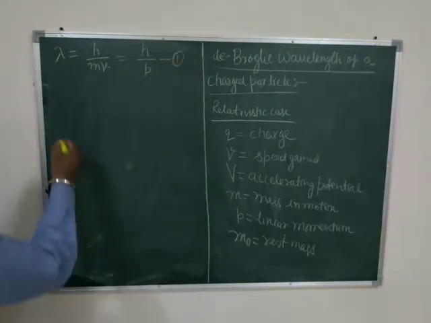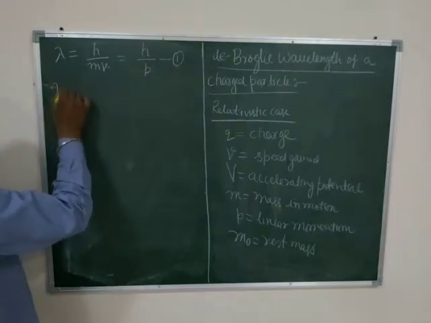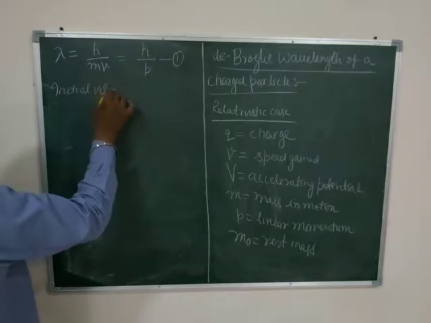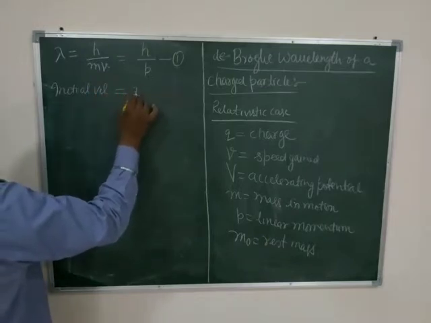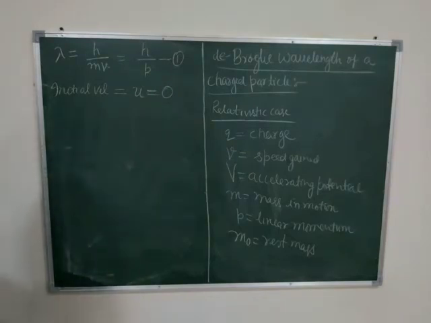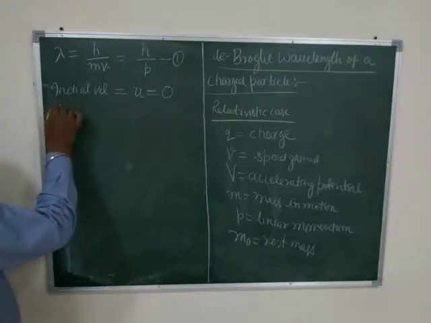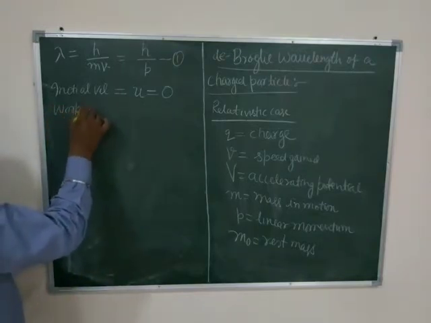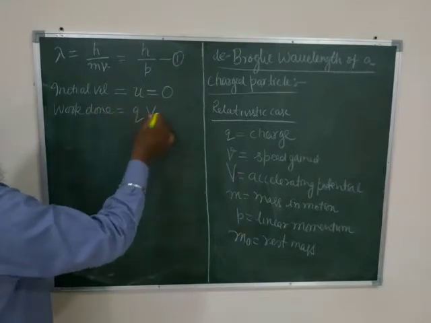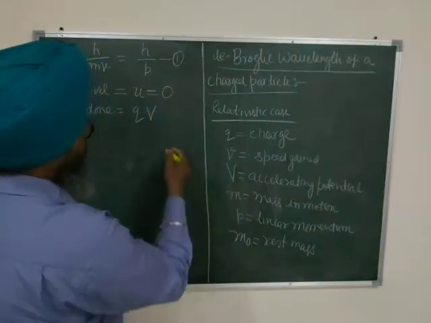Next, I will assume that the initial velocity of the particle was 0. Now when it is accelerated by potential V, the work done on the particle will be given by charge into potential difference, where V is the accelerating potential.